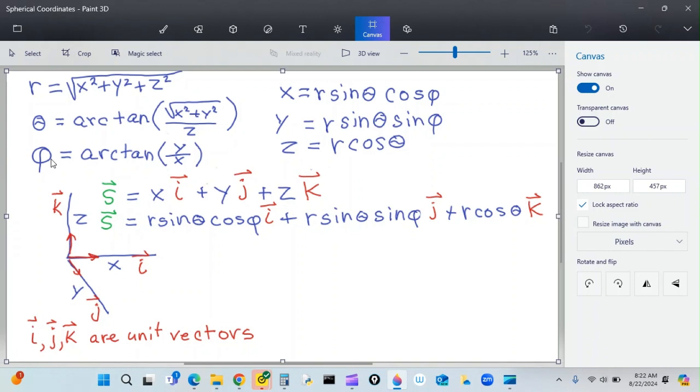And if y is 0, then what's the tangent of 0? Well, the tangent of 0 is 0. And when x is 0, the angle is 90 degrees. The tangent of 1 is when y and x are equal, and that angle would be 45 degrees.